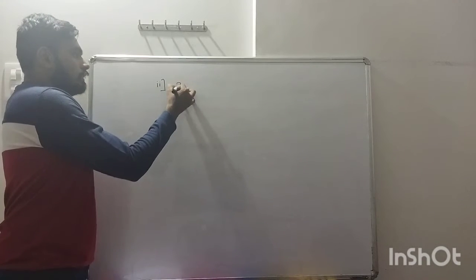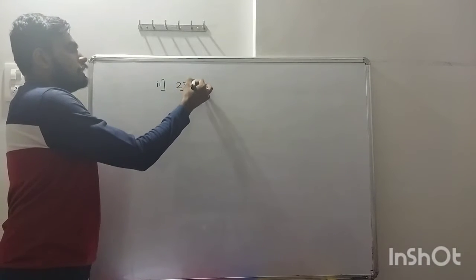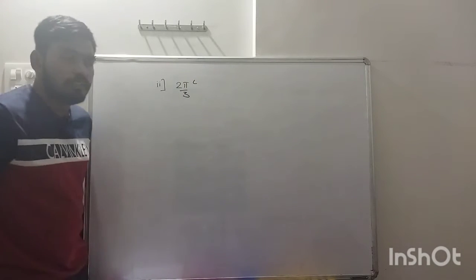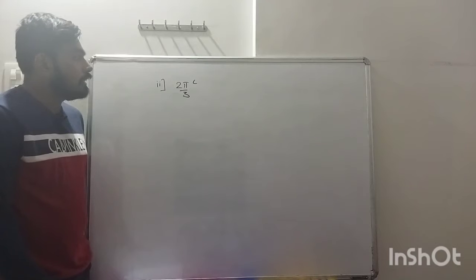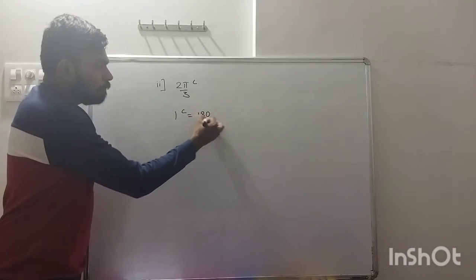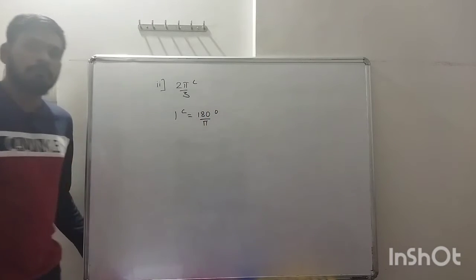For example, if I am given 2 pi upon 3 radians, how do we convert this into degrees? This is 2 pi upon 3 radians. So 1 radian is equal to what? 180 upon pi degrees.